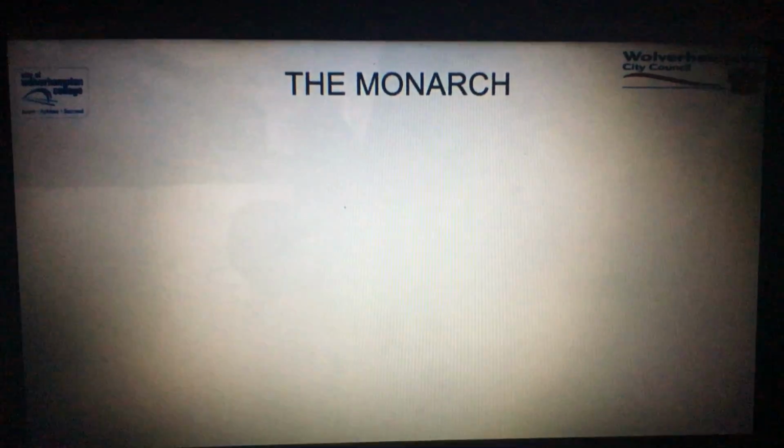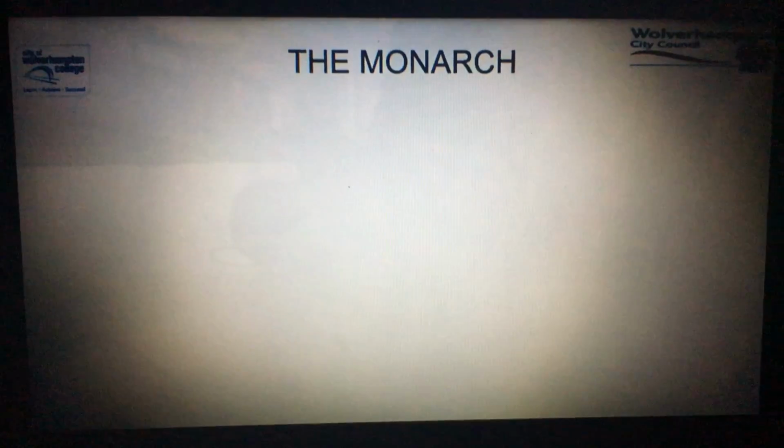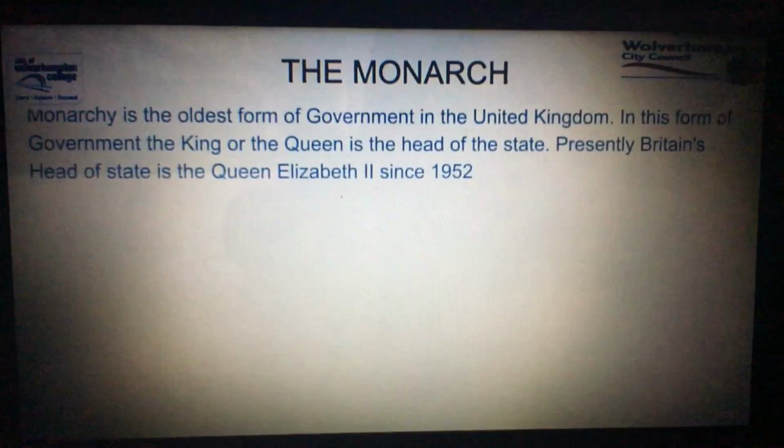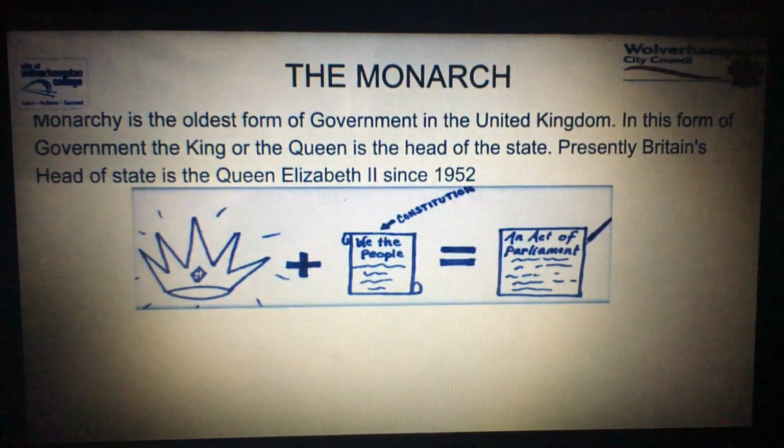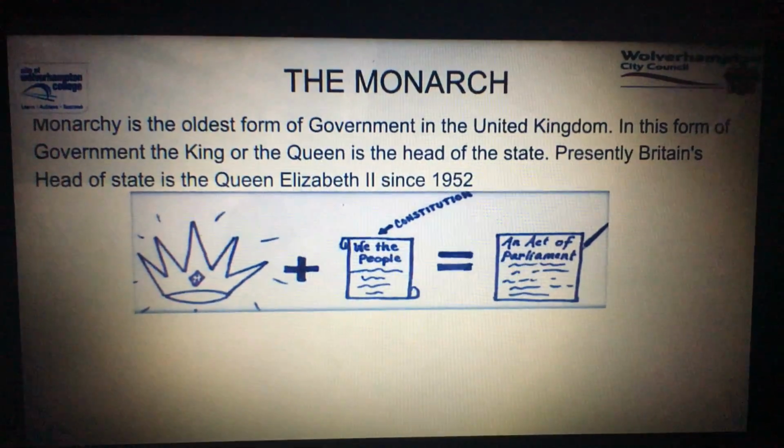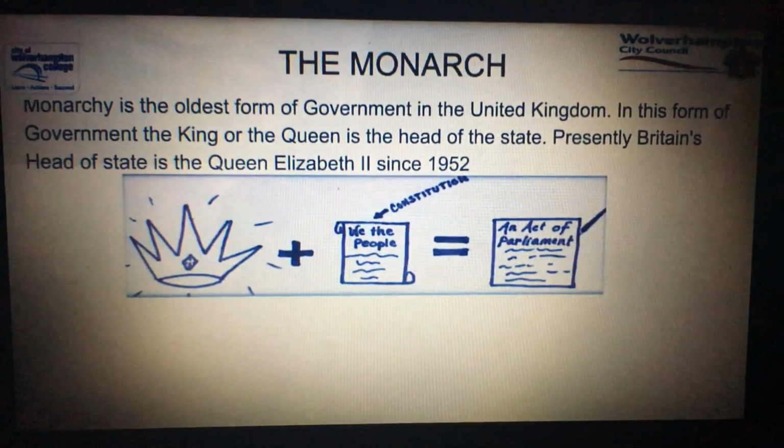The monarch. The monarch is the oldest form of government in UK.